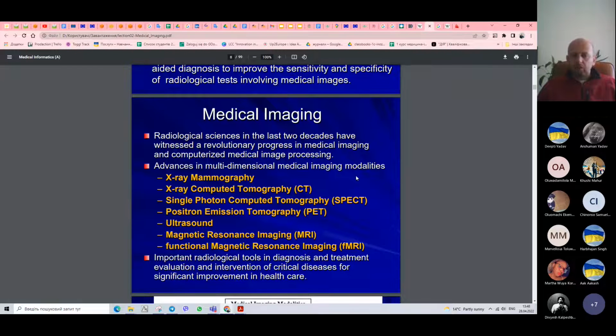Advances in multidimensional medical image modalities: X-ray mammography, X-ray computed tomography, single photon emission computed tomography, positron emission tomography, ultrasound, magnetic resonance imaging, functional magnetic resonance imaging. These are important radiological tools for diagnosis and treatment, evaluation and intervention of critical disease, for significant improvement in healthcare.